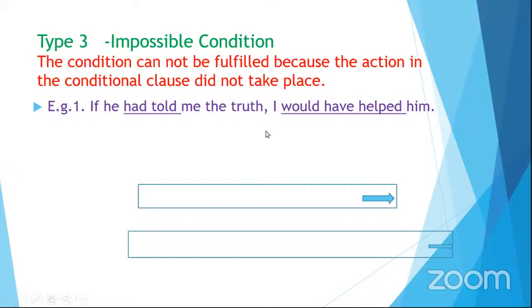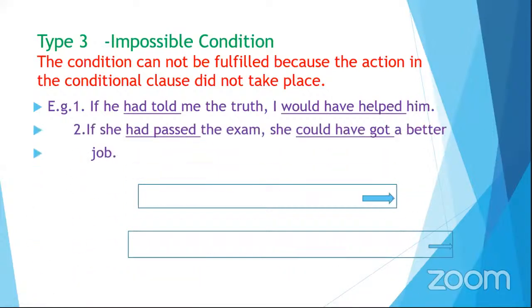Well, my dear students, let's look at the second example. If she had passed the exam, did she pass the exam? No. Once again, she didn't. If she had passed the exam, she could have got a better job.